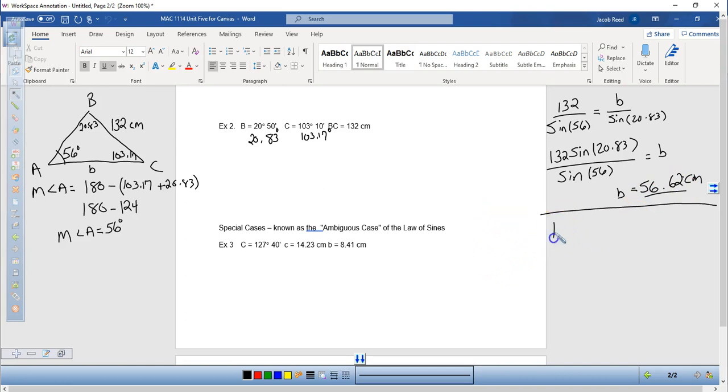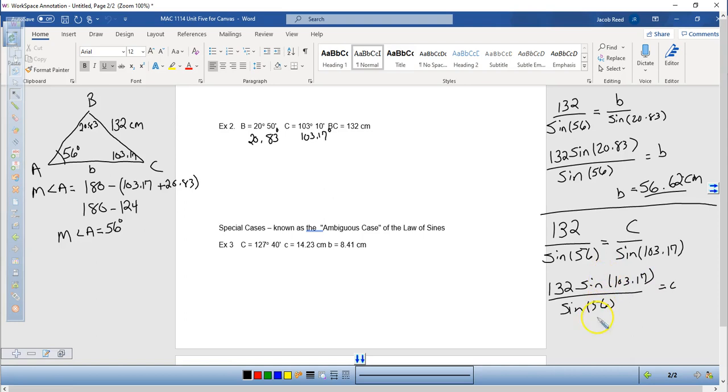And finding C, 132 over sine of 56 is equal to C over sine of 103.17. Multiply 132 sine 103.17 over sine 56 is a little c.